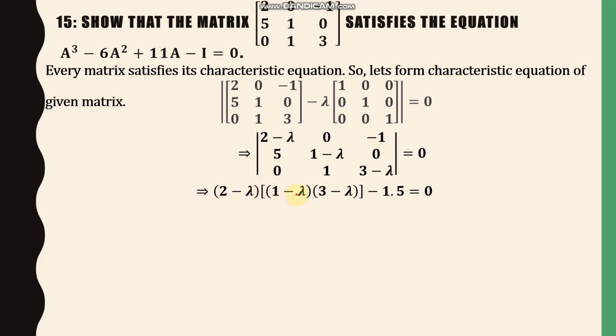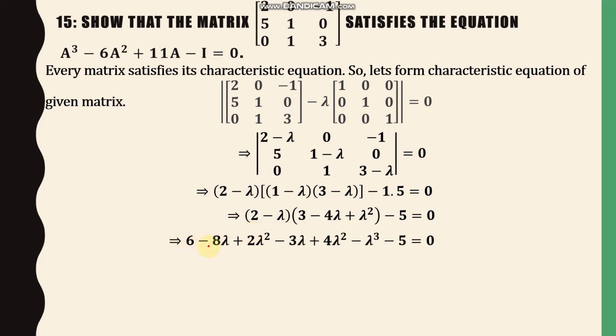Now let's open up these brackets. This is equal to (2 minus lambda) times (3 minus lambda minus 3 lambda, minus lambda minus 3 lambda will become minus 4 lambda, plus lambda square) minus 5 equal to 0. Now let's expand it more. So it is 6 minus 8 lambda plus 2 lambda square minus 3 lambda plus 4 lambda square minus lambda cube minus 5 equal to 0.